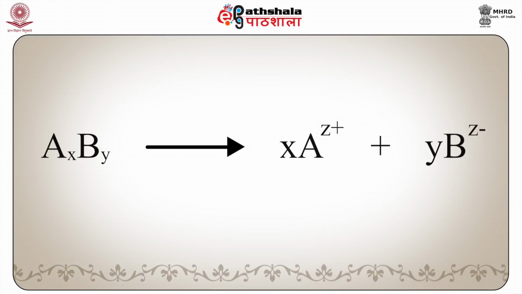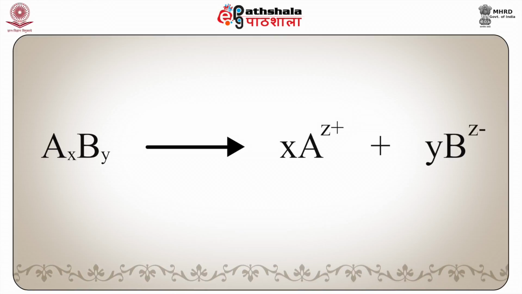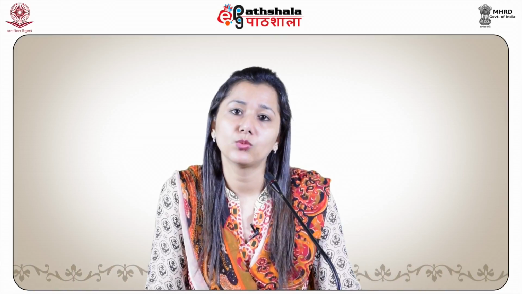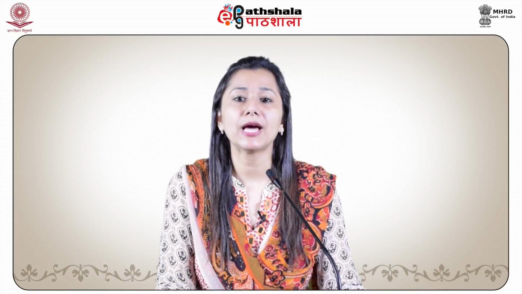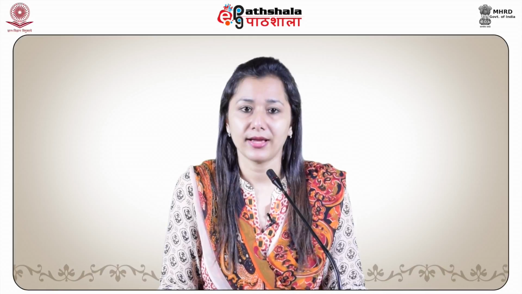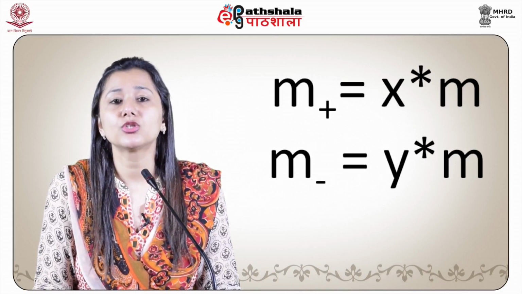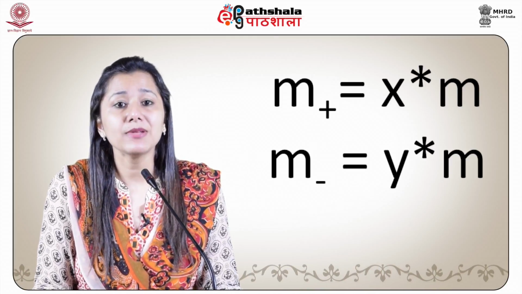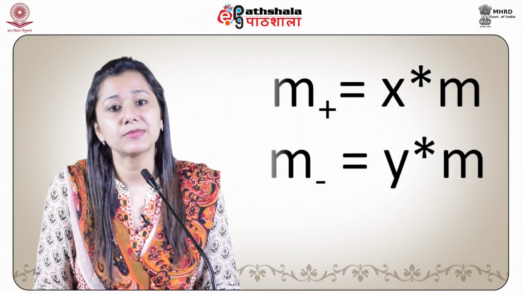Let ν denote the total number of ions, therefore ν = x + y. We also define stoichiometric molalities of each ion based on the analytic molality m of the solid electrolyte. m+ = x times m and m- = y times m.